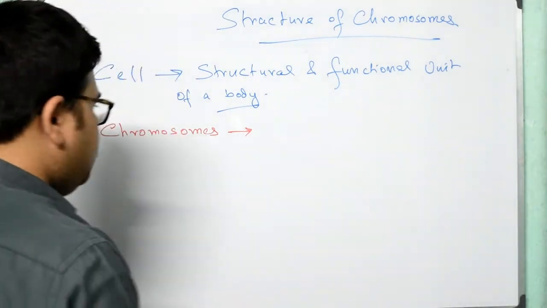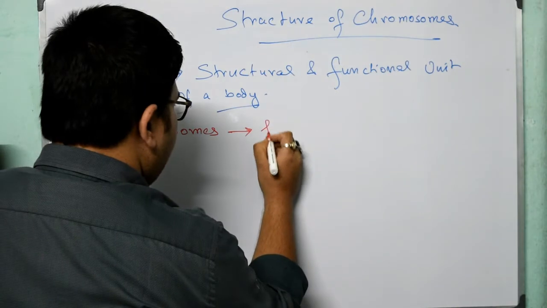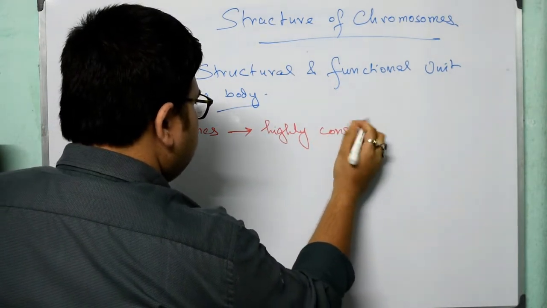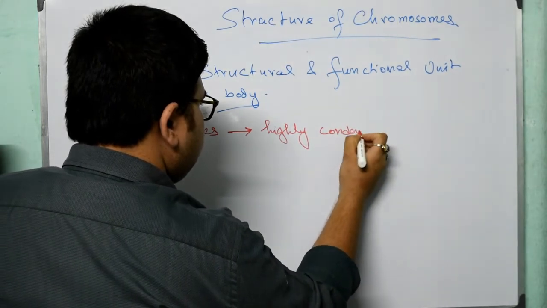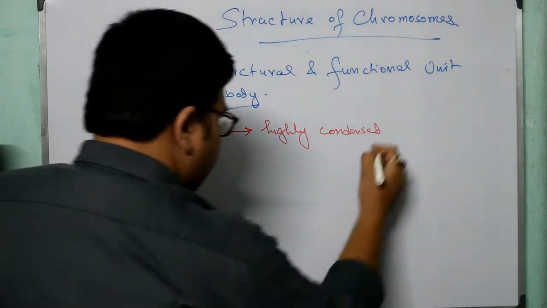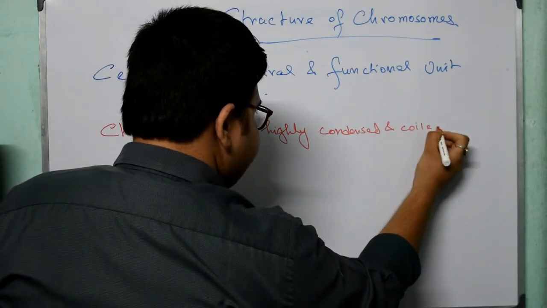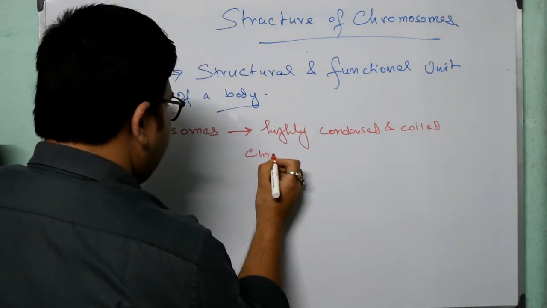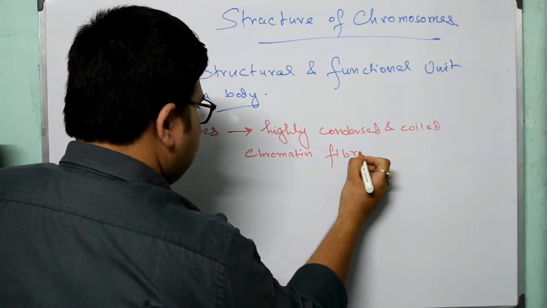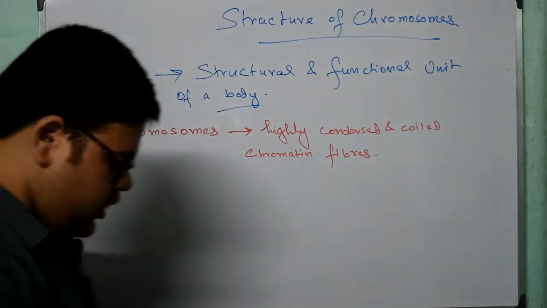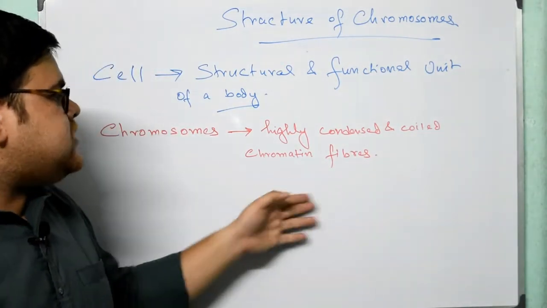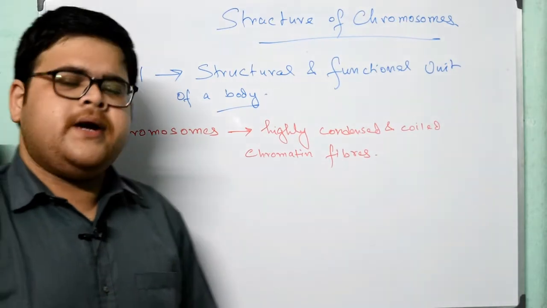So we can define chromosomes as highly condensed and coiled chromatin fibers. Now you will ask me, sir, you have told that it is highly condensed and coiled chromatin fibers. Now what are chromatin fibers?